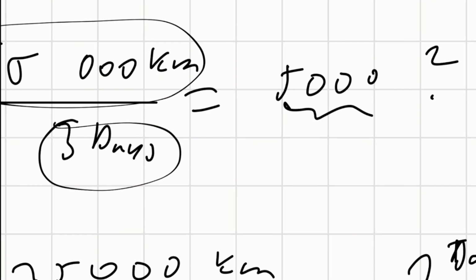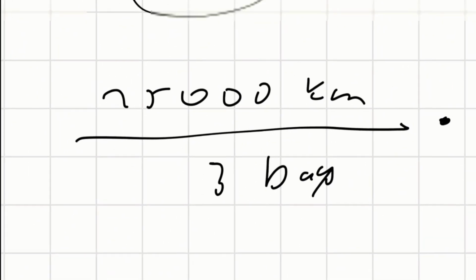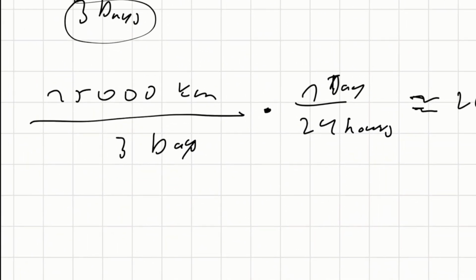The problem is, we don't really understand what 5,000 means, because what is it? It would be kilometers divided by days. We don't want to work with this, so the only thing we are going to do is multiply this by 1 day divided by 24 hours, because 1 day equals 24 hours.